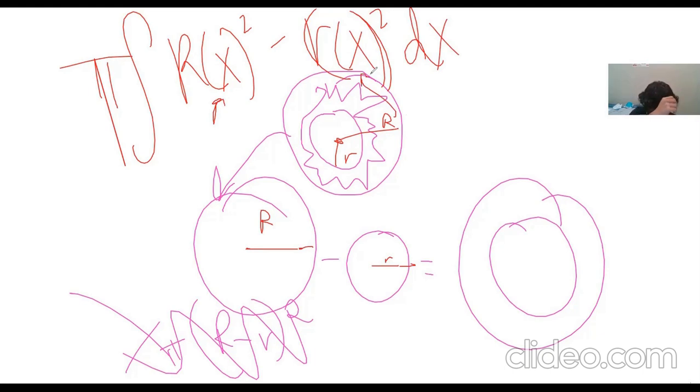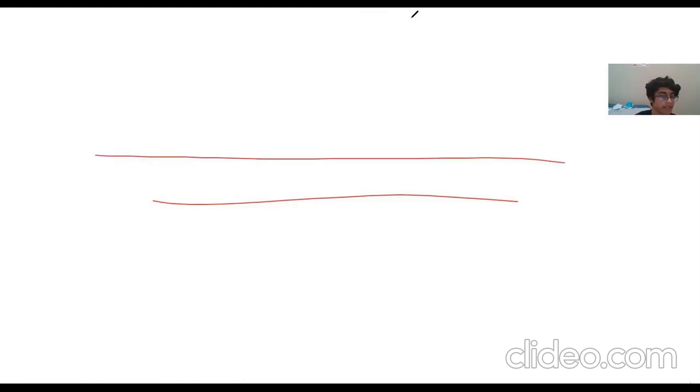Don't forget that your axis of rotation doesn't have to just be the x-axis, which is also known as y equals 0. It doesn't have to be this, although it is very easy to do it like that. You can also be rotating around a horizontal axis that's not the y-axis, sorry, the x-axis.